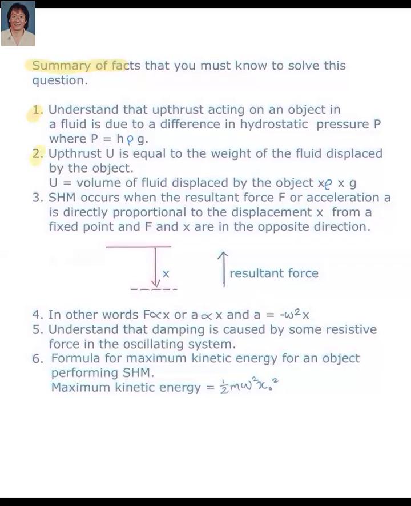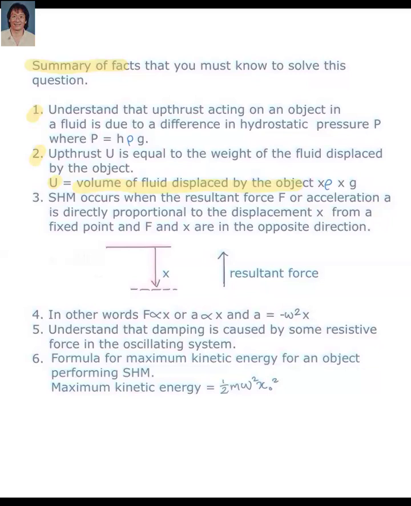Number 2, upthrust U is equal to the weight of the fluid displaced by the object. Therefore, your upthrust is equal to the volume of the fluid displaced by the object times rho times g. Your number 1 and number 2 are found in the AS syllabus of this physics syllabus.